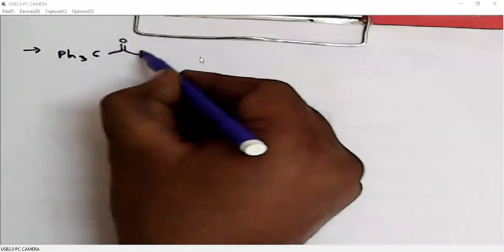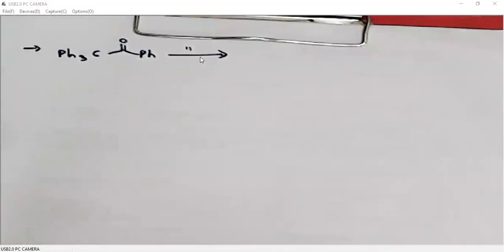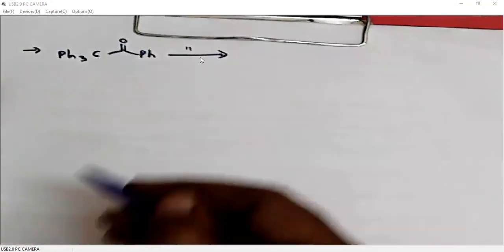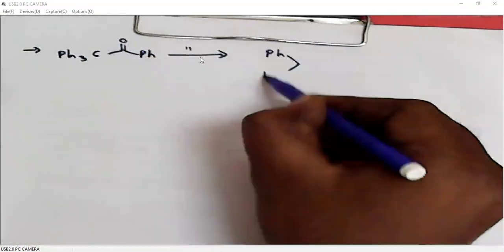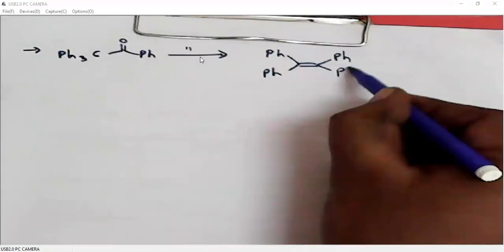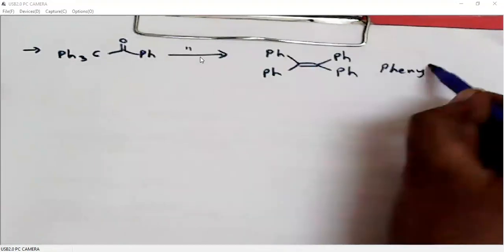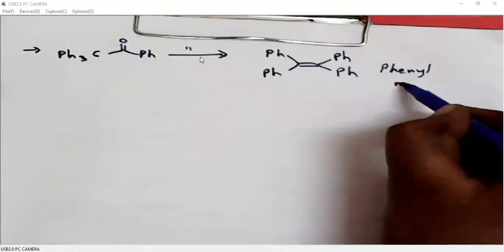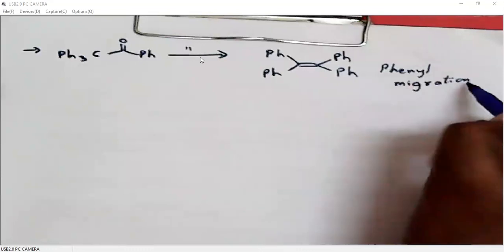This is an interesting example as far as Clemmensen reduction is considered. Here we will have phenyl group migration and then alkene formation. It is not only reduction. Phenyl group migration is possible and alkene formation is possible. Okay, right.